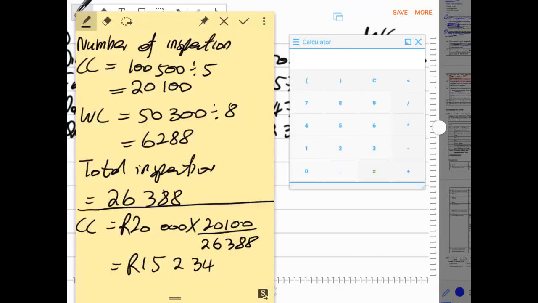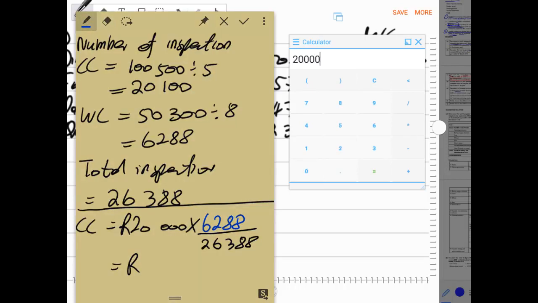Second product will be using the same calculations. The cost will change, and here on top the number of inspections now will be for product WC, 6,288. The total of the division will remain the same. Then we have 20,000 that we are allocating.